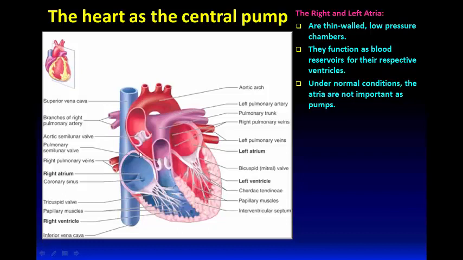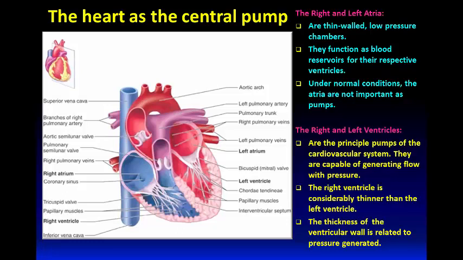The right atrium functions as a blood receptacle and a reservoir of blood for the right ventricle, and similarly the left atrium functions as a blood receptacle and a reservoir for blood for the left ventricle. Under normal conditions, the atria are not important as pumps. The ventricles, the left and the right ventricles, are the principal pumps of the cardiovascular system.